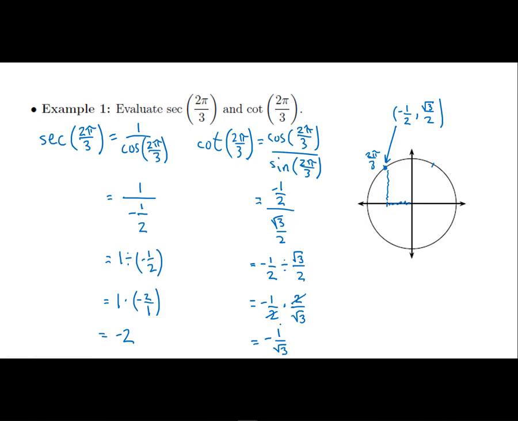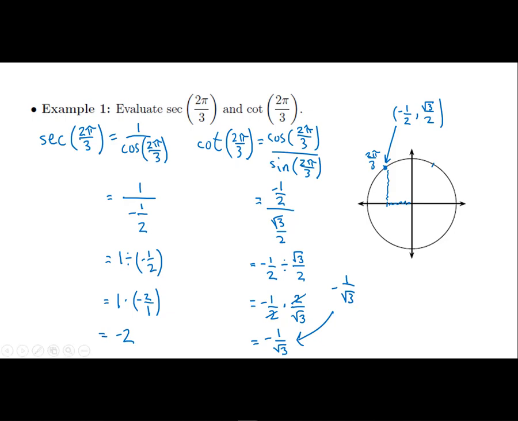And I am completely fine with you leaving answers this way. I don't need you to rationalize the denominator, but what is important is that if you're working on problems from the book, and let's say the book does rationalize the denominator when it shows the answer in the back, you need to know when your answer is the same as what the book has.